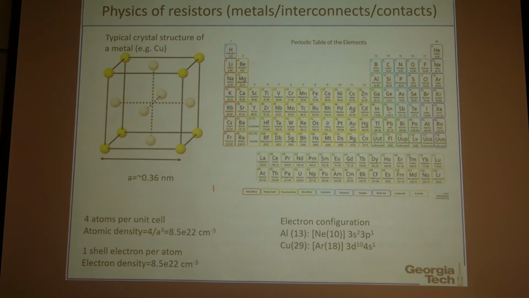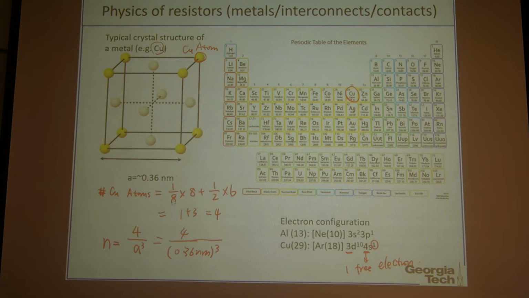Any questions? How did you get 4? How did you get 4 atoms per unit cell? We derived here, right? So for those polar ones, because 1 4 here, only 1/8 belongs to this cell.